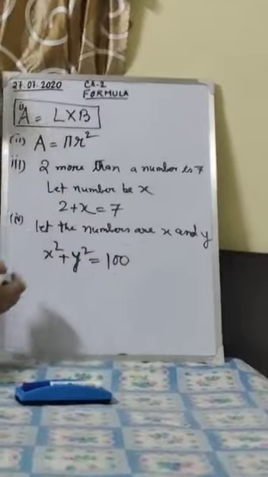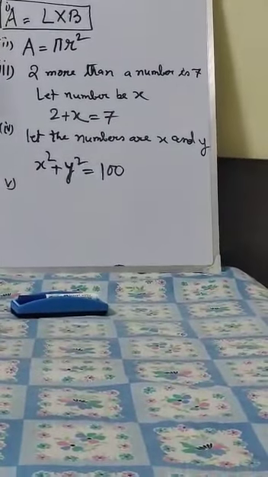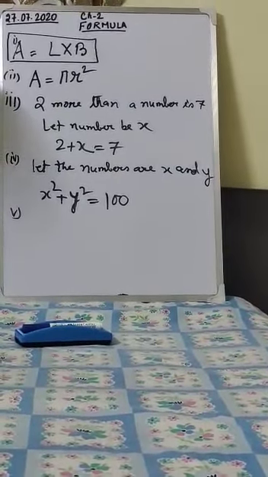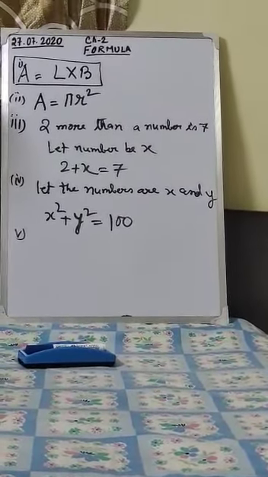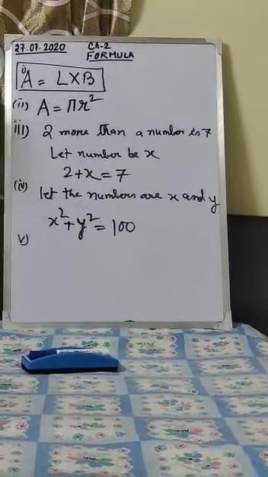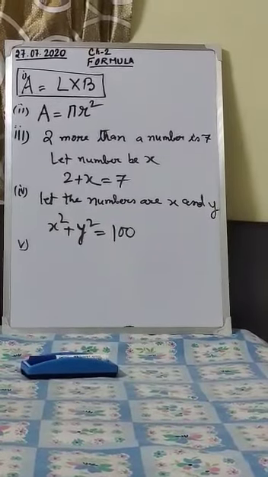This is your answer. Next is given: income of Mr. Mahesh is rupees 500 more than 1/3 income of Mr. Rajesh.